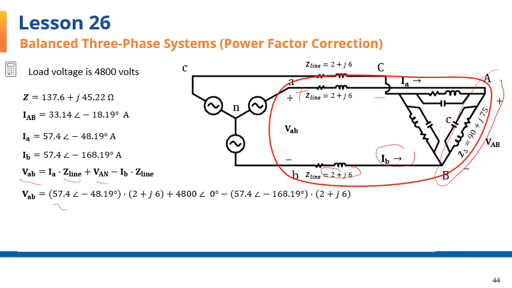And here it is with all the values inserted for IA, for Z, for VAB, for IA again, and for Z. Excuse me, for IB. This one is IB from here. And the result comes to 5200 volts with 5.57 degrees of phase angle. That's VAB.